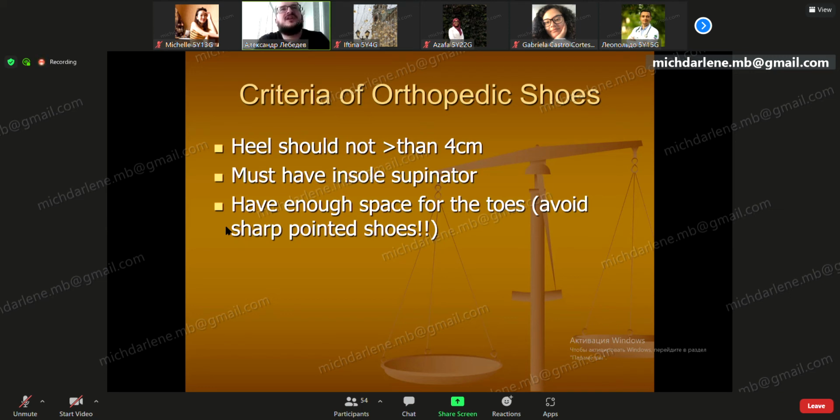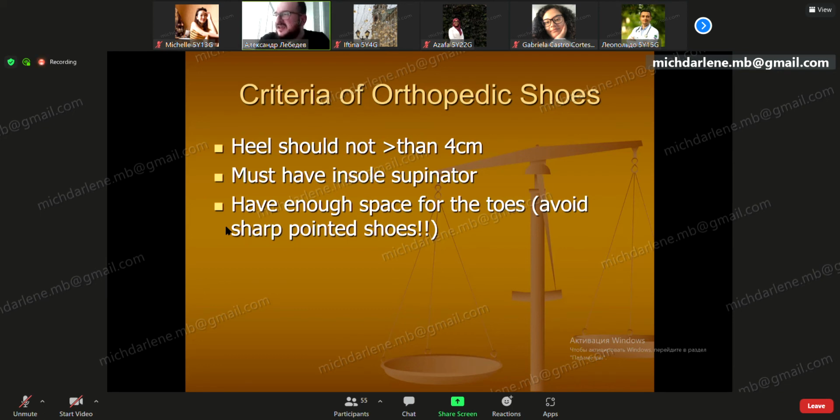Let's use them just on holidays, not so often, because high heels can give your foot too much static deformation, and if you use them from such a young age, as I told you, and you have mothers and grandmothers with foot problems, these problems are guaranteed for you too. You must use supinator insoles, and you must buy comfortable shoes.